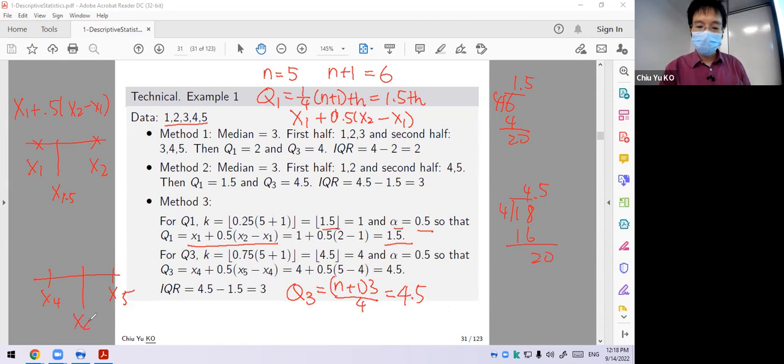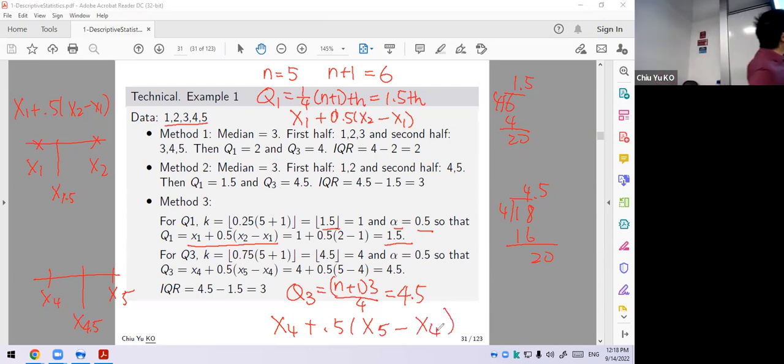4.5 is exactly x4 and x5 in the middle. So the formula tells us it's x4 plus 0.5 of x5 minus x4. You just start from the beginning and go halfway of the distance, because you say halfway, right? 4.5 is between 4 and 5, halfway.